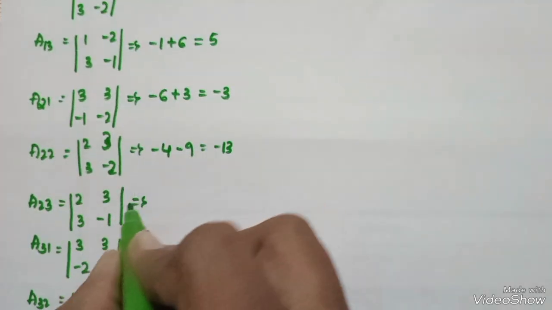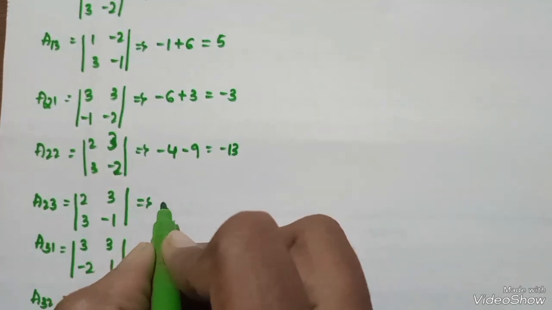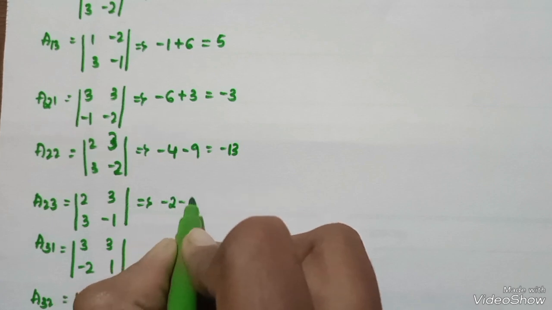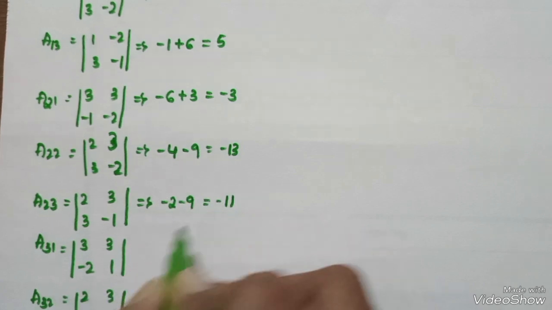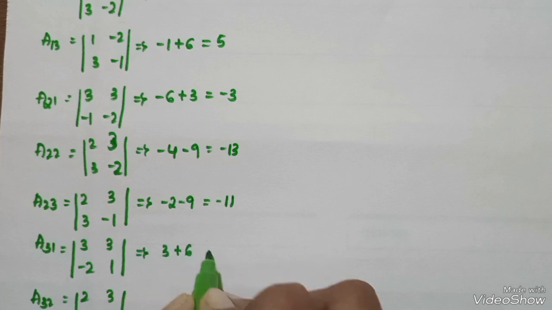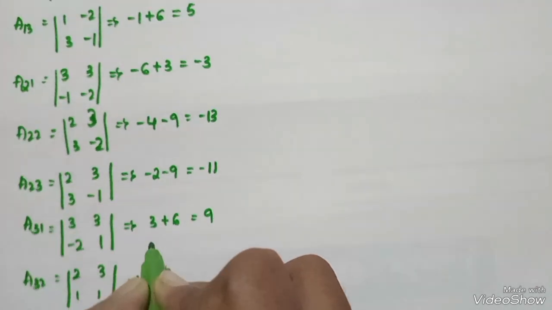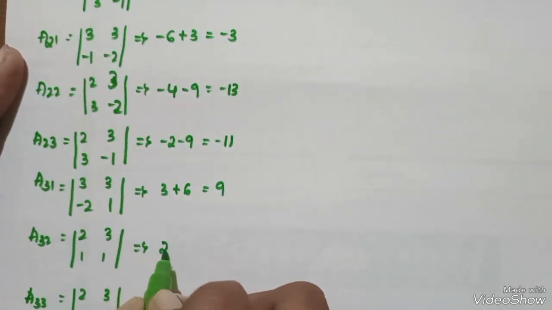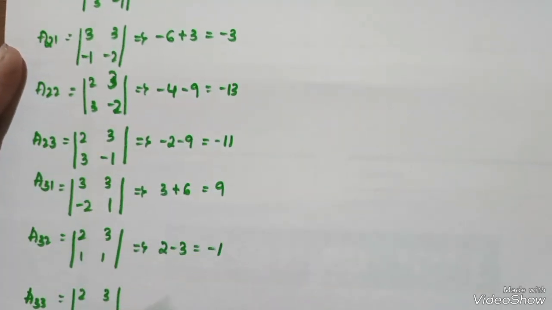Next, 2 into 1, 2 minus 2 minus 9, minus 11. 3 ones are 3 plus 6, it is 9. Then the last one, 2 minus 3, it is minus 1, and minus 4 minus 3, minus 7.